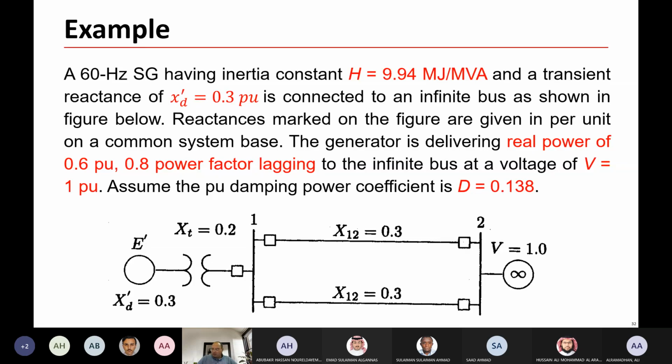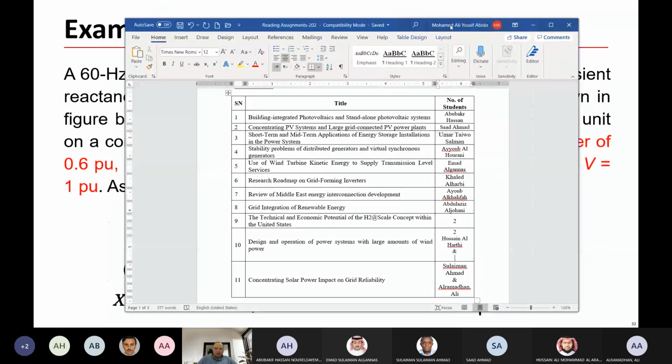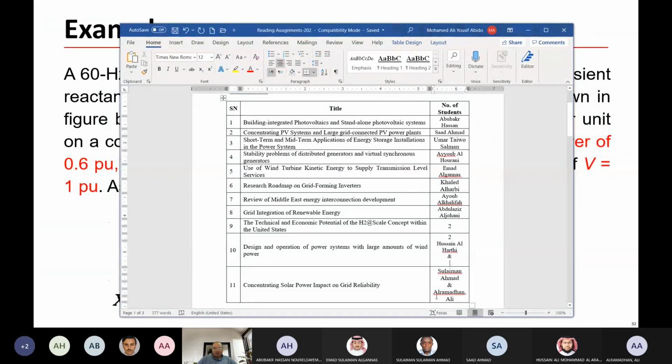Let me first, we need to close this subject. I don't know who has still not selected the topic. We have only 9 and 10 remaining.